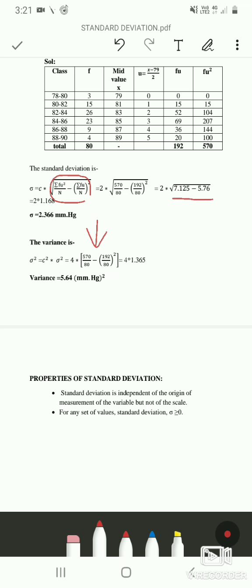So which is nothing but 7.125 minus 5.76, you will get 1.365. Therefore variance is 4 into 1.365, which is 5.64 mm Hg. So this is about variance.